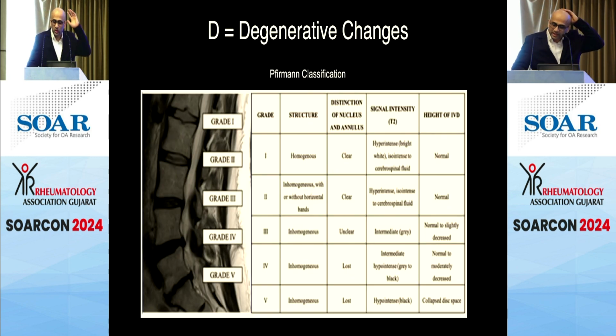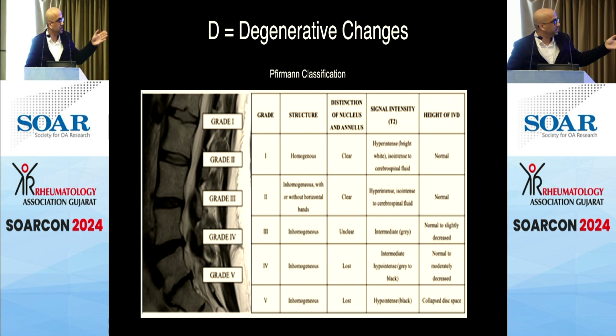Then coming to the D, or degenerative changes, the discs are graded differently, like with the Pfirrmann classification. There are so many classifications, but it's just a progressive change that is described in the disc. So you can see the first disc is normal. Second one, there is a kind of a cleft appearing here.